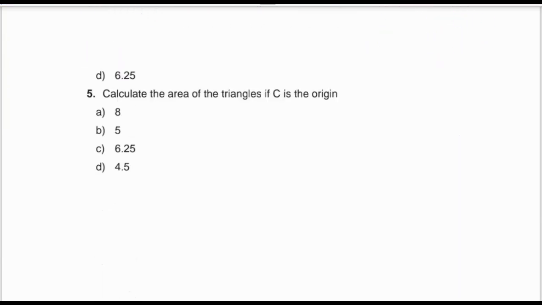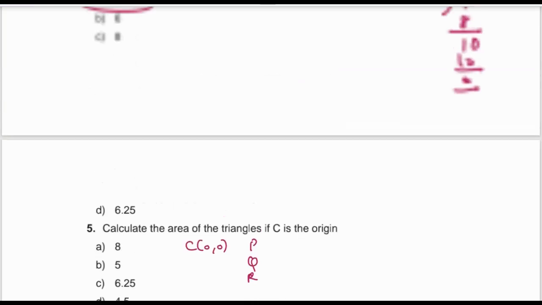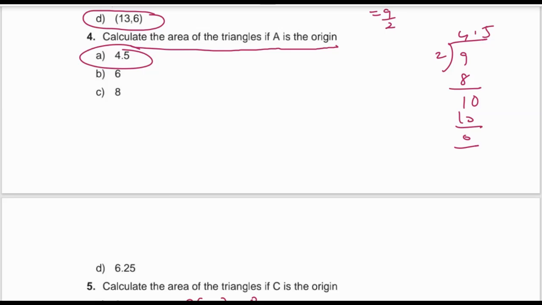Next, now calculate the area of the triangle if C is the origin. If C is the origin, then what will be P, Q and R? So if C is the origin, we have already written. What will be P?